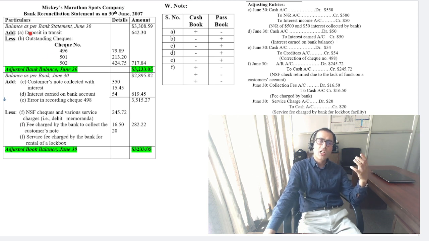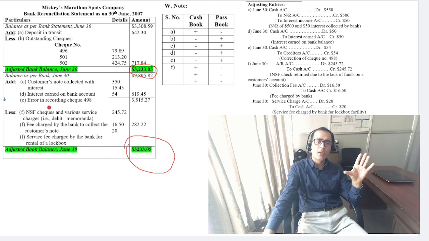Under the bank statement we adjust deposit in transit, outstanding check and bank error, but we don't have bank error, while other information would be adjusted here. This is the adjusted book balance and that is the adjusted bank balance, and they must be the same, that is 3233. The working note could be your reference for doing all this.